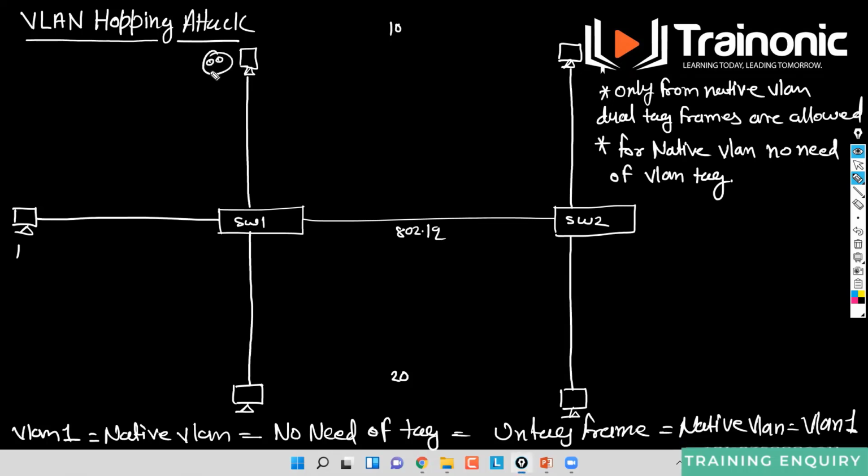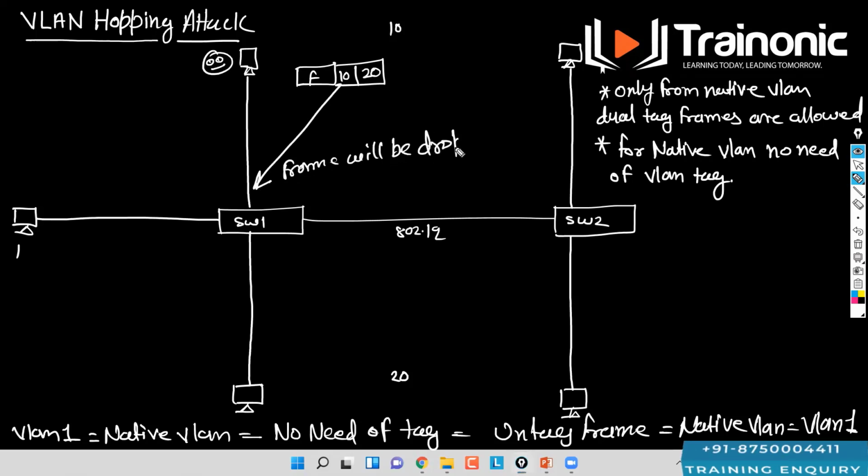If any user of VLAN 10 or 20 sends a frame with dual tag, like 10 and 20, and this frame arrives here, the frame will be dropped, because only from native VLAN dual tag frames are allowed.